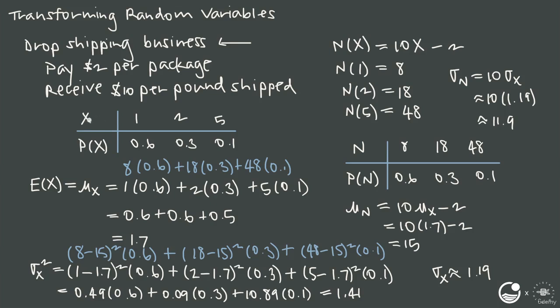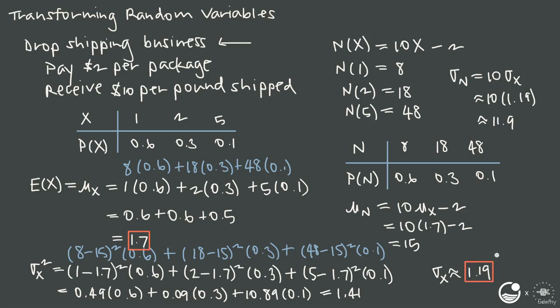So whereas x modeled the weight that we were shipping out, n models the amount of money that we make for doing that shipping. And these values we calculated for x tell us that on average, the mean weight of each package that we ship is 1.7 pounds with a standard deviation of 1.19 pounds.